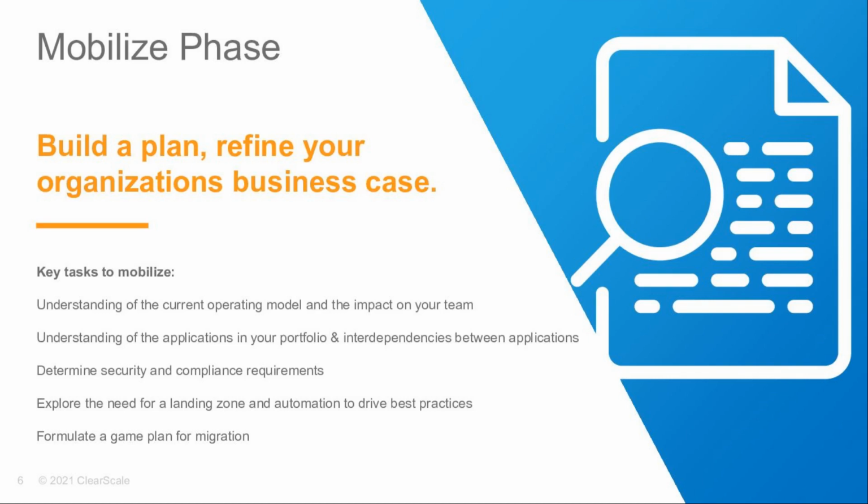For any medium to large size projects, we would always start with a landing zone. Typically nowadays we would use Control Tower, which is a managed landing zone by AWS.